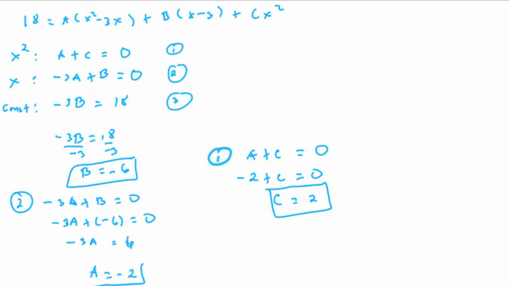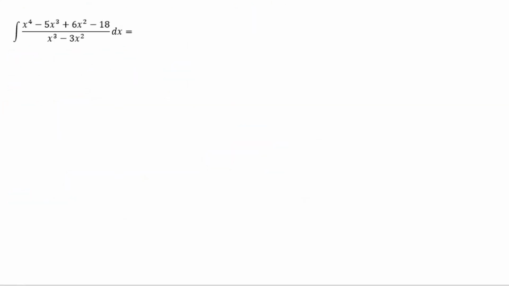Now we're going to substitute into the equivalent partial fraction from the given. We can write the equivalent partial fractions: we have the integral of x minus 2 dx minus the integral of 18 over x cubed minus 3x squared dx.